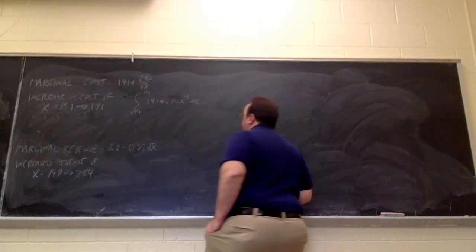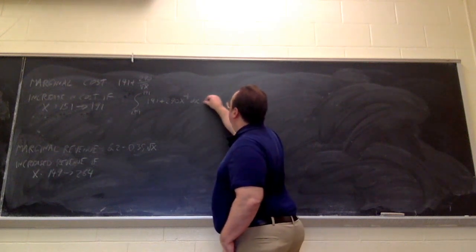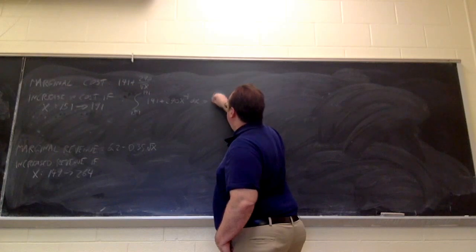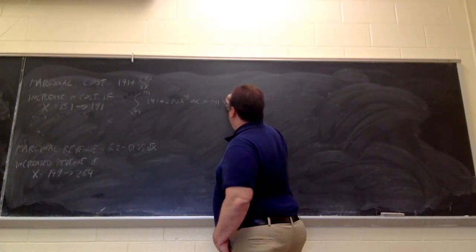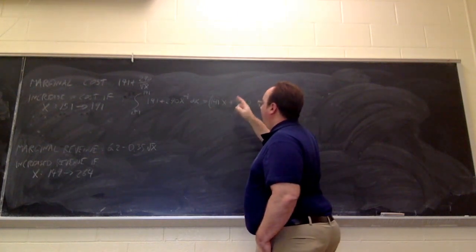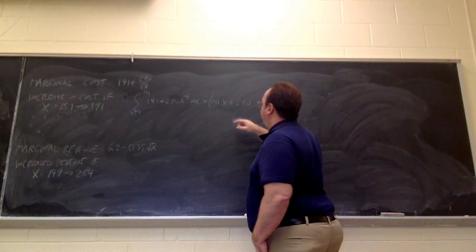So we evaluate this integral. We compute the antiderivative of the marginal cost. That's going to be 141x plus 290. We use the power rule. Our exponent on x is minus 1/2, so we add 1 to that.